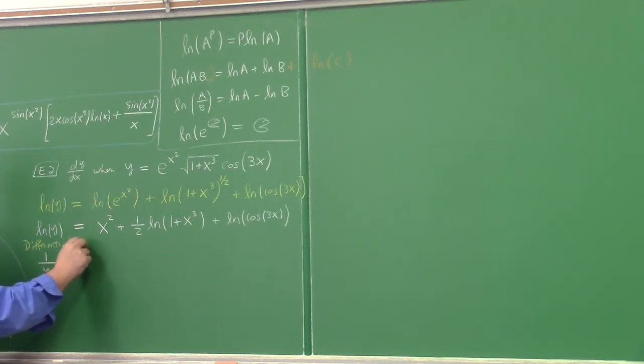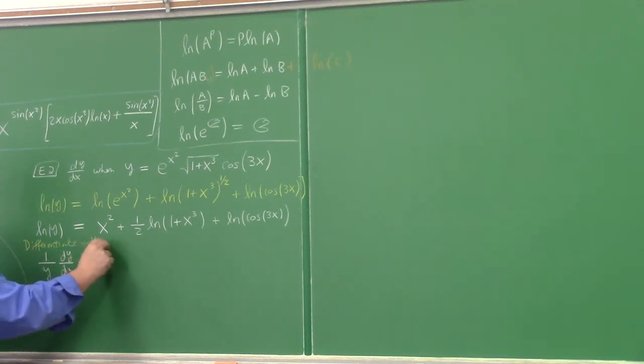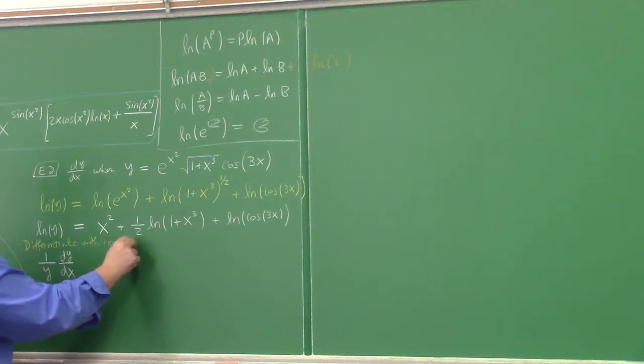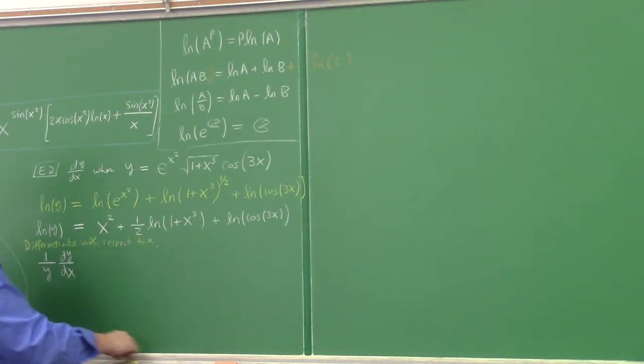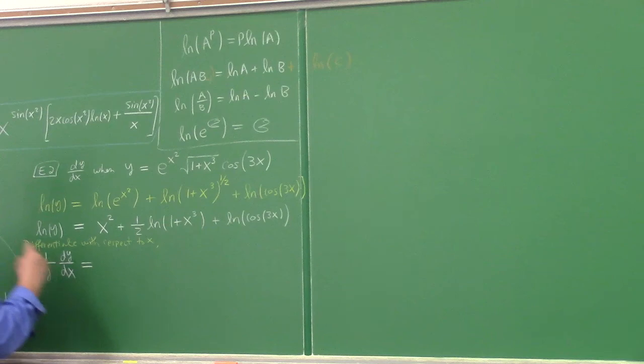Differentiate with respect to x. When we differentiate log y, we have to do chain rule because we're differentiating with respect to x, not y, right? So multiply by dy/dx, that's chain rule.